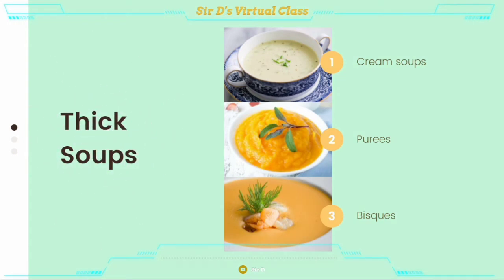Now, let us discover thick soups. These are soups that are thickened to provide a heavier consistency. Thick soup is a cream soup based on bechamel sauce and is finished with a heavy cream.